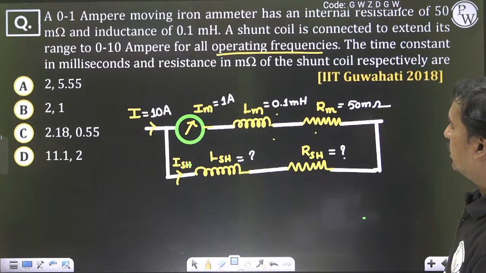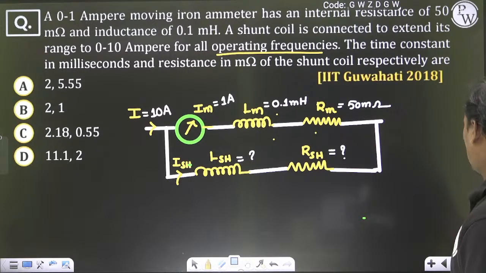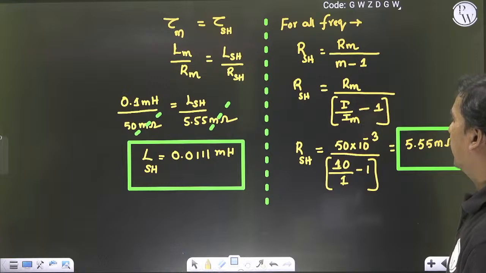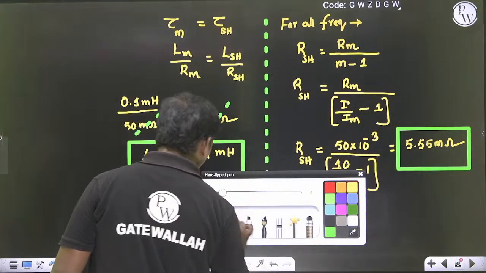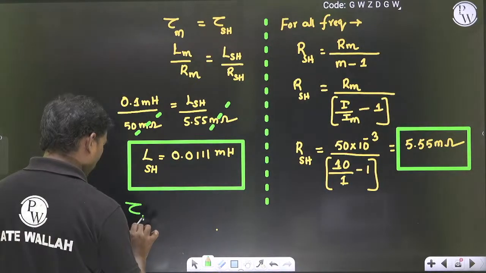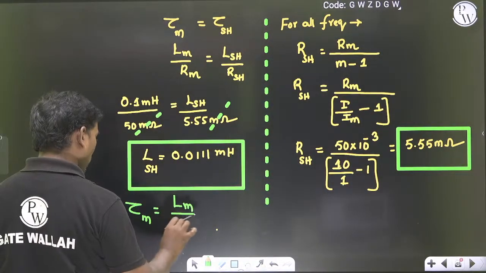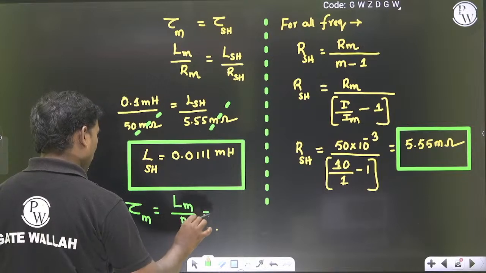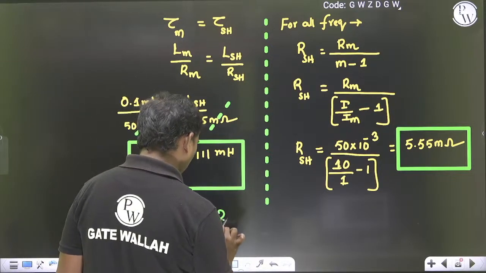He asked us the time constant and resistance. So time constant is Lm by Rm. Here itself we can find out the time constant: 0.1 divided by 50 is going to become 2 milliseconds.